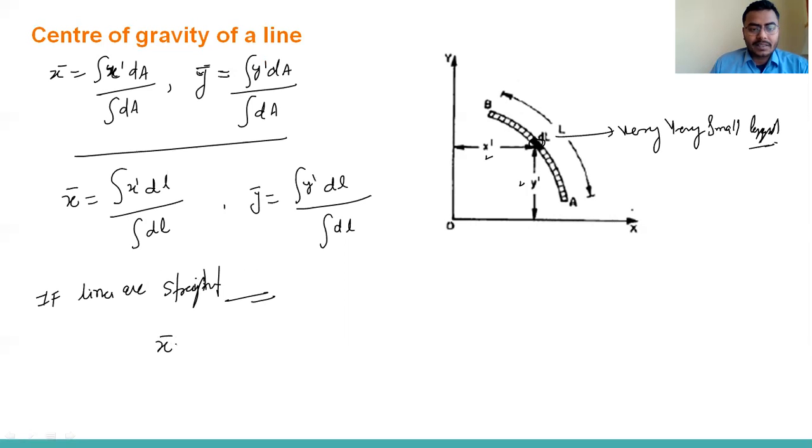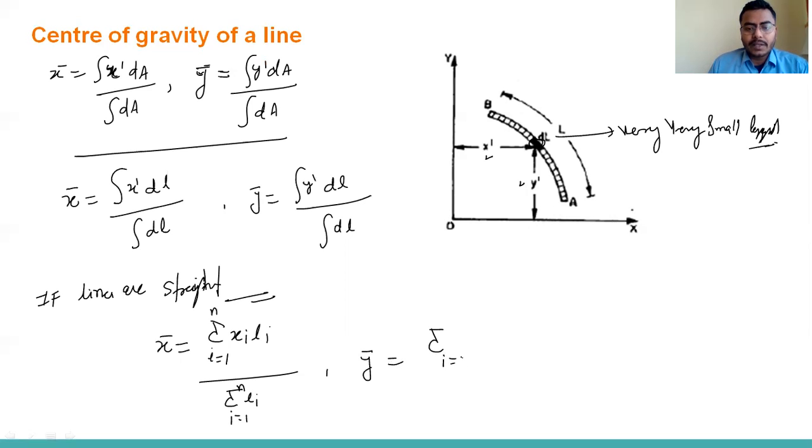So x bar will be the summation of xi li, where i goes from 1 to n, divided by the summation of li, i equal to 1 to n, if we have divided it into n number of straight segments. Similarly, y bar is the summation of yi li divided by the summation of li, i equal to 1 to n.